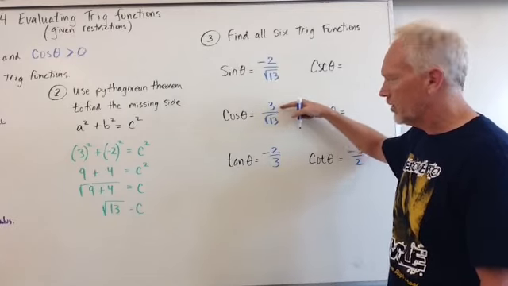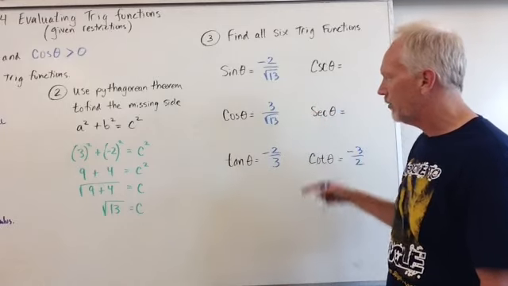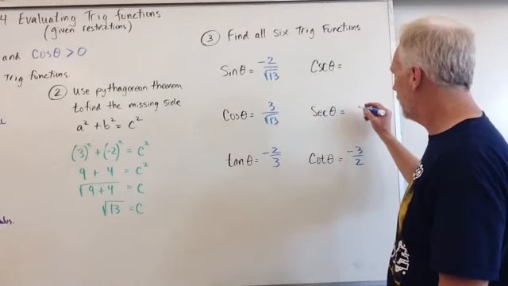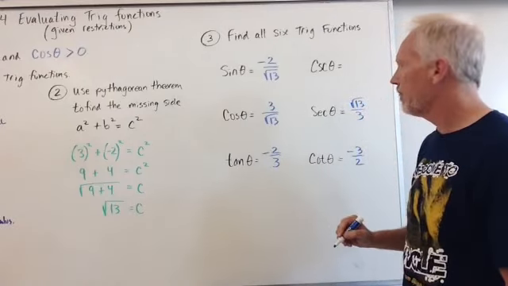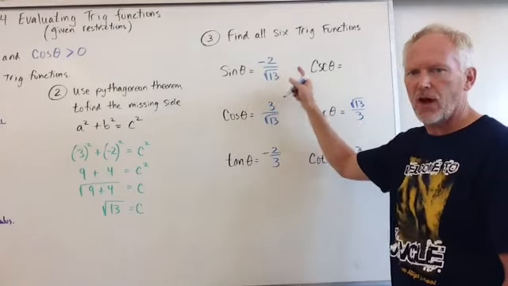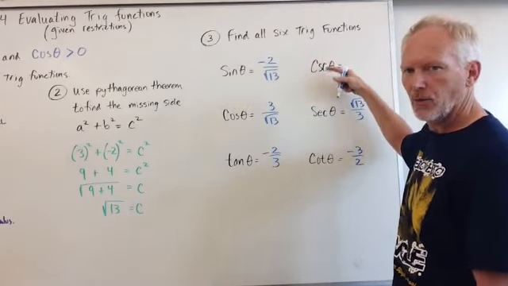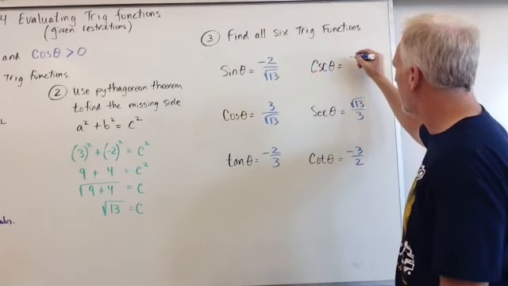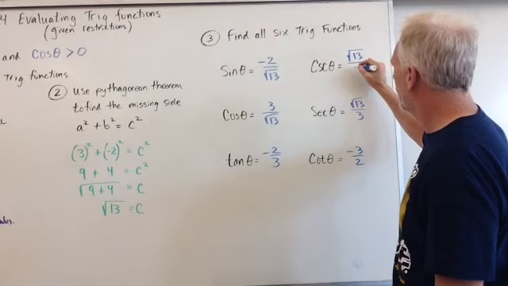So we just take the reciprocal of 3 over root 13, and we get root 13 over 3. We can do the same thing for the cosecant, which is the friend of sine. Right? These two hang out together. And when they do, this one is the reciprocal of the other. So we'll take the square root of 13 over 2.